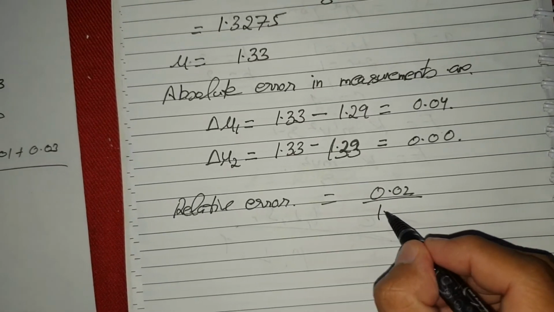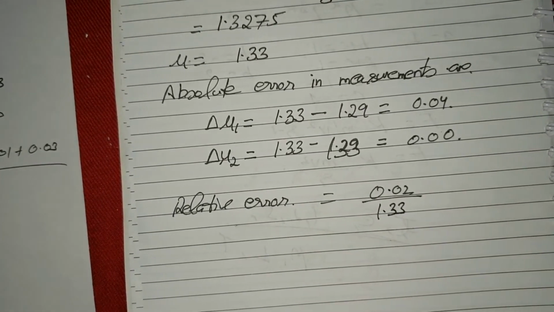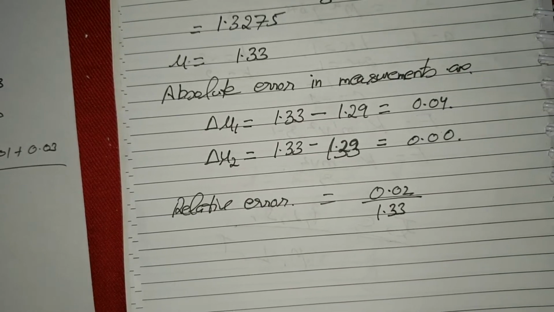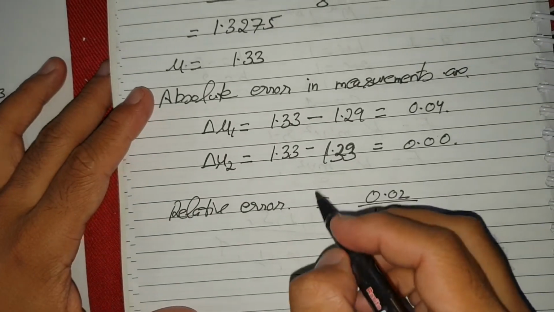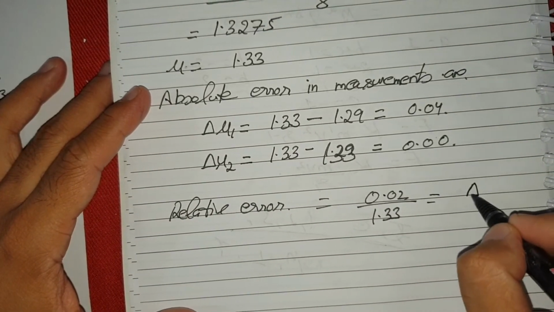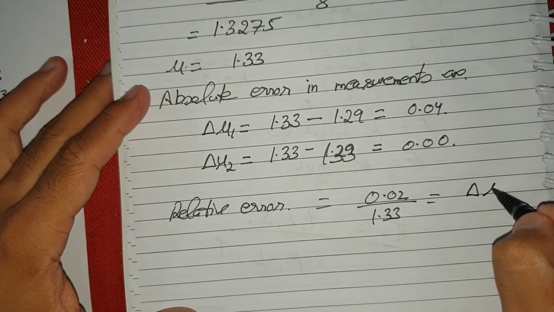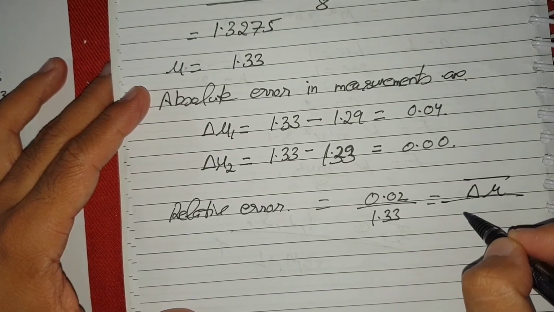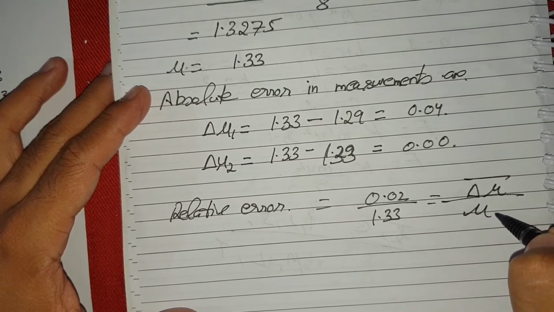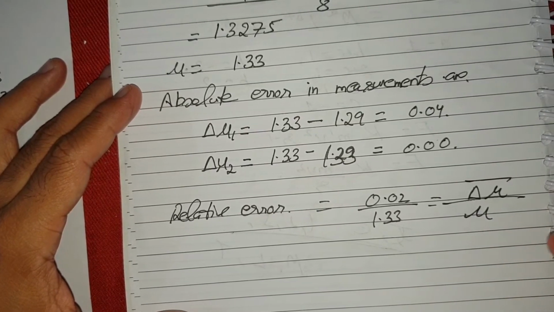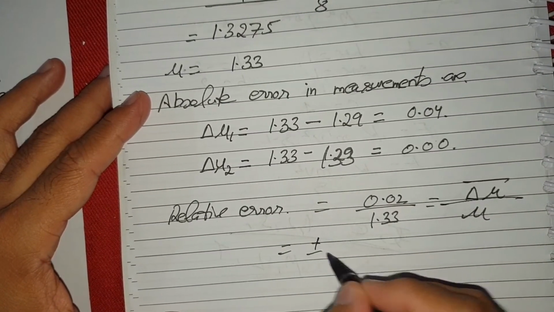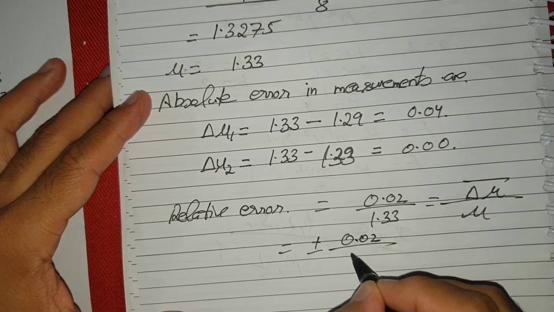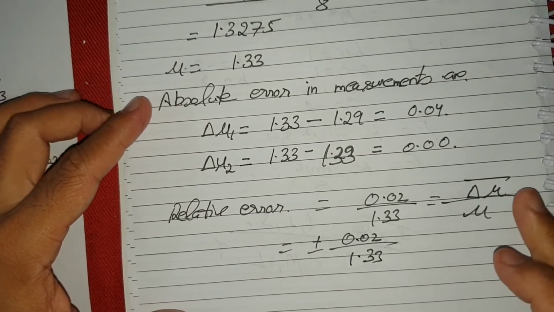This is actually delta mu bar upon mu. So this is actually plus minus 0.02 upon 1.33.